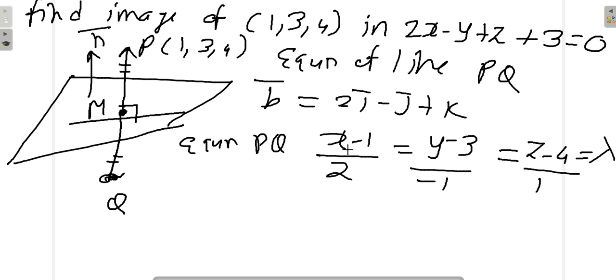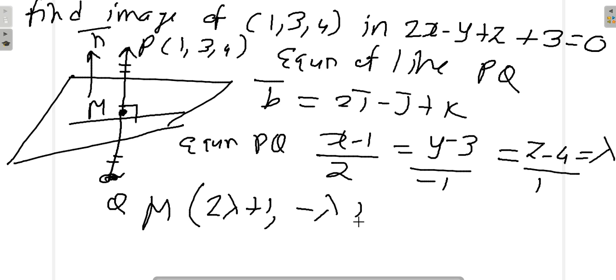Now that gives me x, y, z as a general point. We can take these points as coordinates of M. So what are the coordinates of M here? 2 lambda plus 1, minus lambda plus 3, and lambda plus 4.